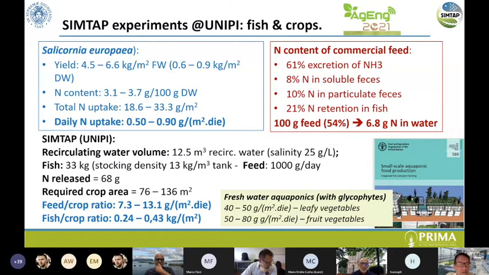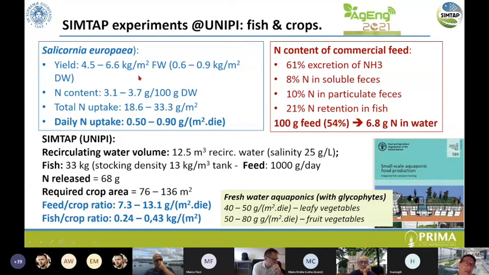The importance is that it can remove the nitrates, so it can balance the nitrogen balance of the system. And so we measured the total nitrogen uptake of this species.